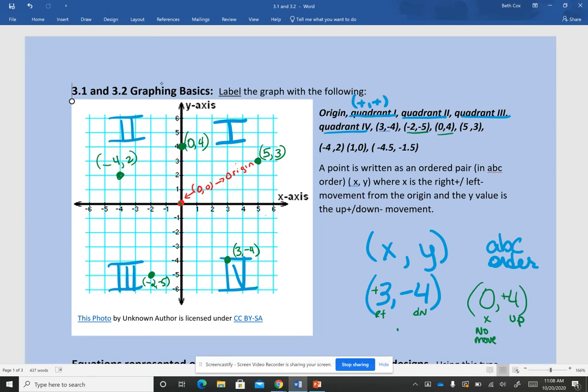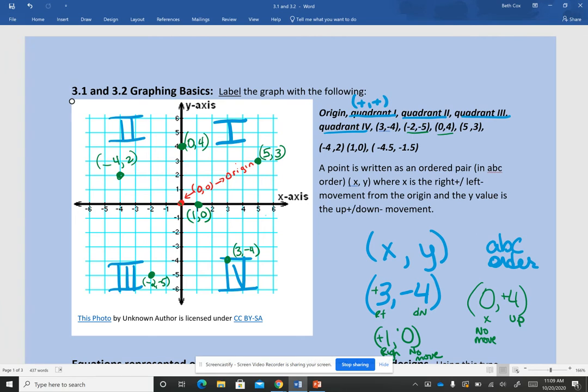Okay. 1, 0. Let's think about that. That's 1 on the X, so that's a positive 1, so that's right 1, and then no move. So it's right here. So this is 1, 0.